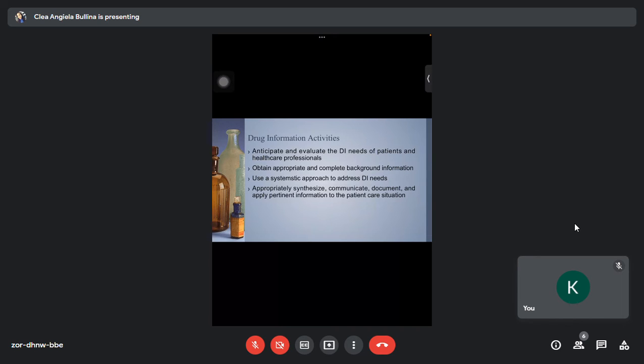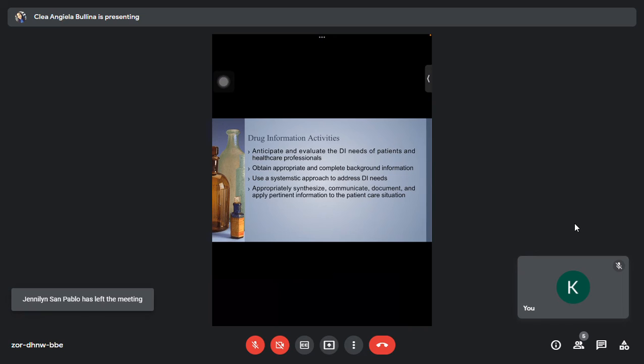Also, the pharmacist must obtain appropriate and complete background information as described in the systematic approach for responding to drug information requests, which we are going to discuss on the next few slides.